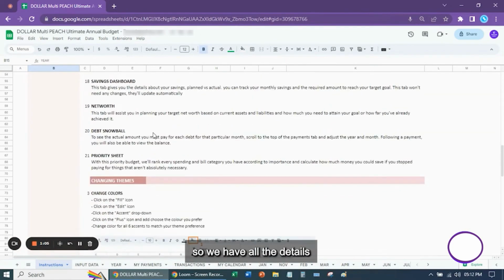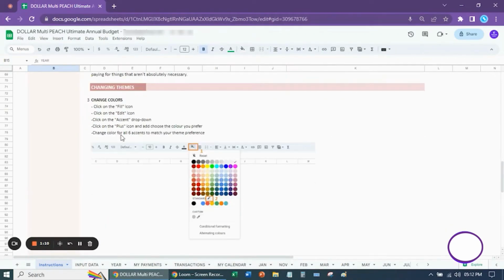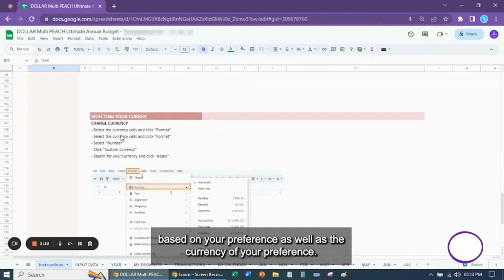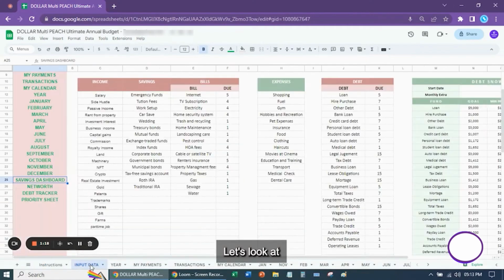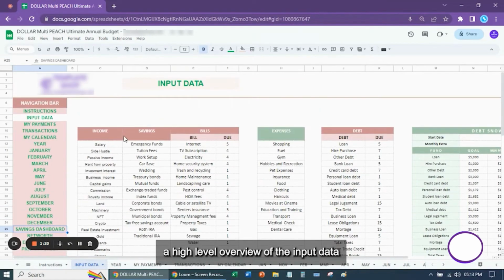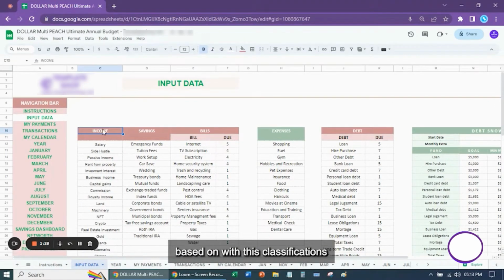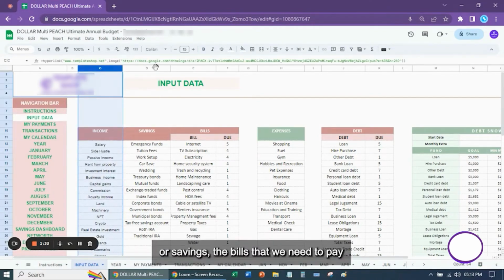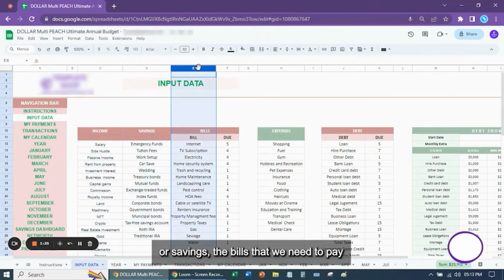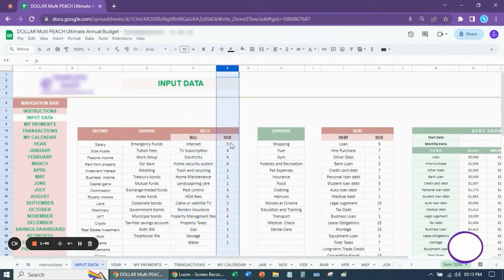So we have all the details which are required, in addition to changing the theme based on your preference as well as the currency of your preference. Let's look at a high-level overview of the input data which you need to populate based on various classifications: the income or savings, the bills that we need to pay, and the due date for each of these bills.